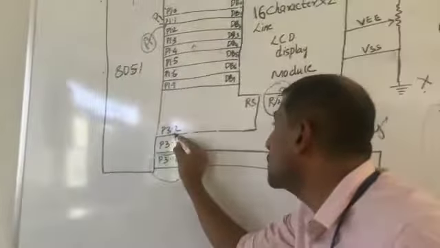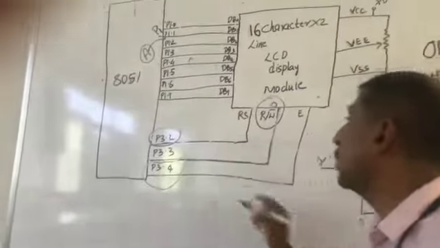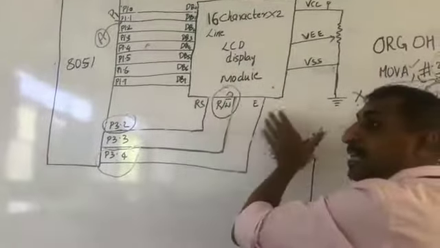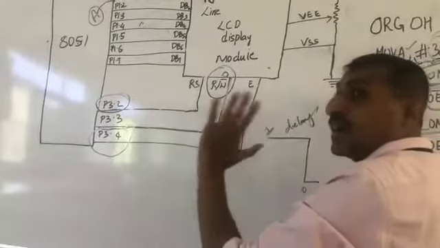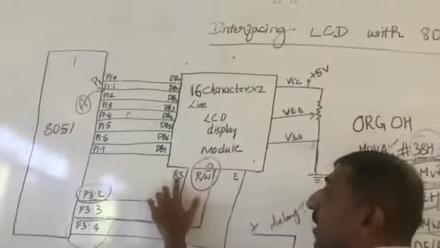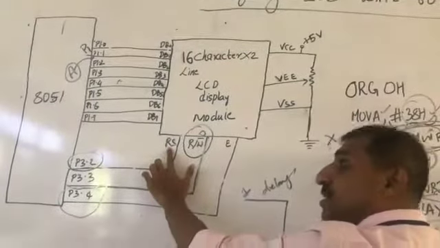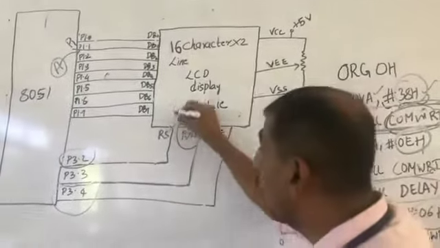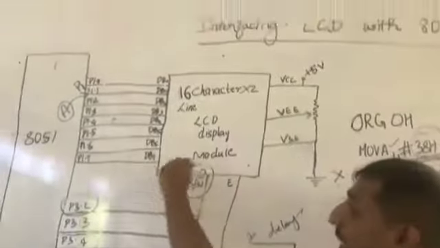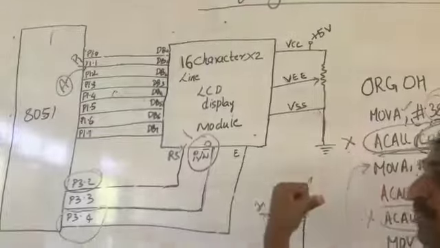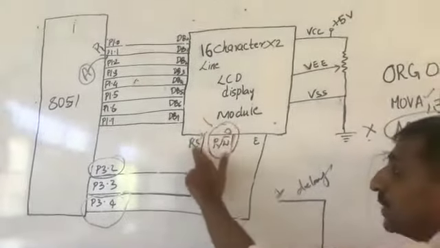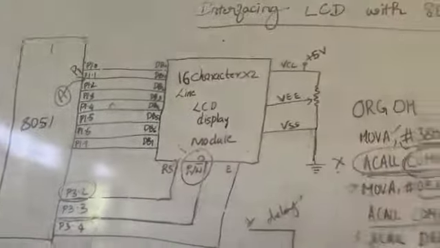This time I need to set P3.2, which is RS, as data register, not as command register. To make register select as data register, what should I do? I should make RS equals 1. Previously, when we were executing the command, we had made RS equals 0. This time we will make RS equals 1.